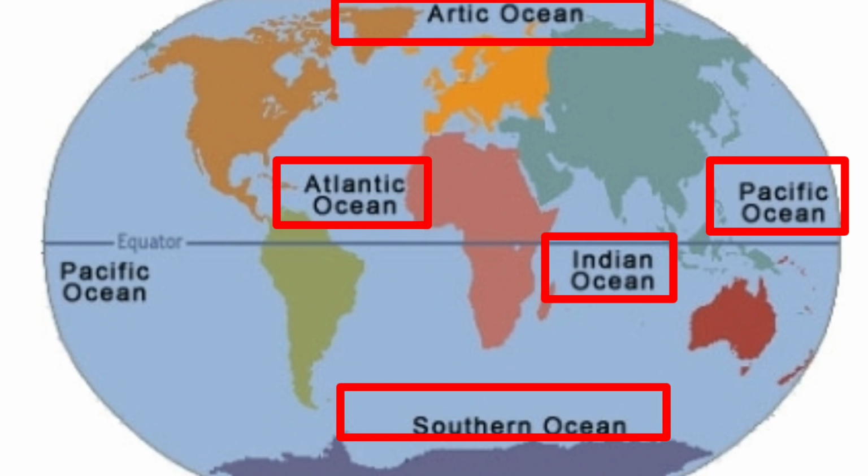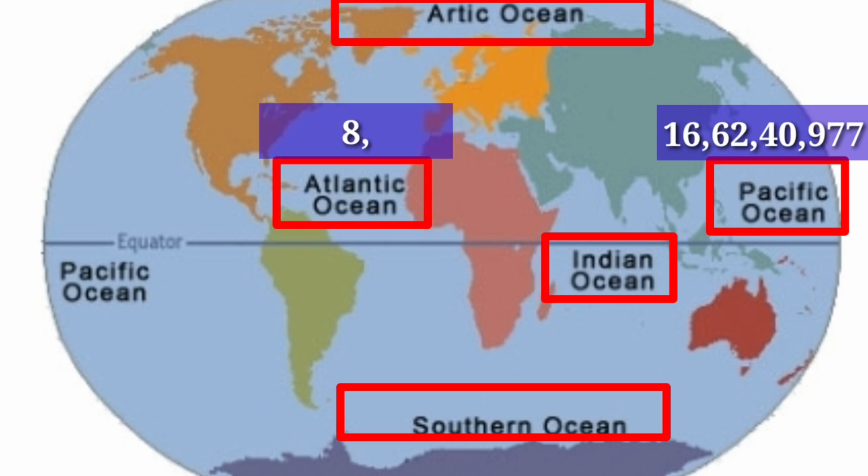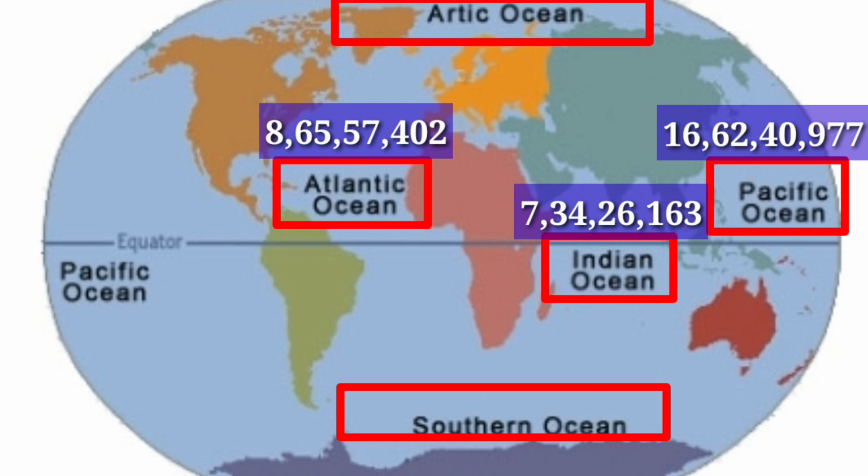The area of Pacific Ocean is 16 crore 62 lakh 40,977. The area of Atlantic Ocean is 8 crore 65 lakh 57,402. Indian Ocean is 7 crore 34 lakh 26,163.